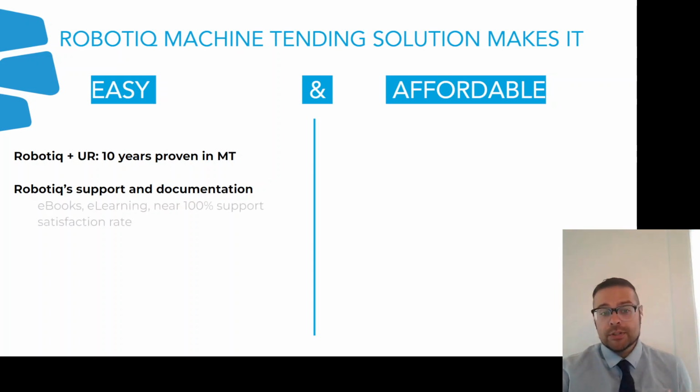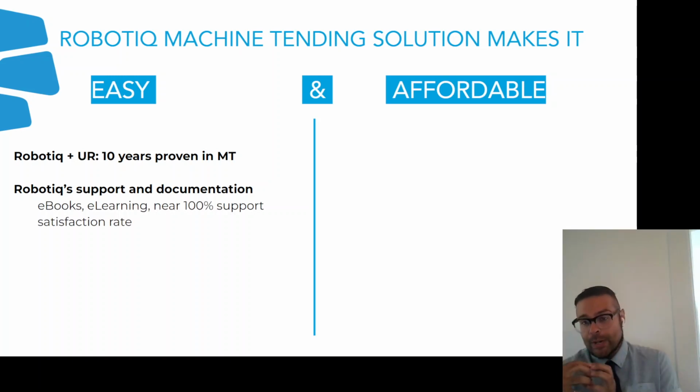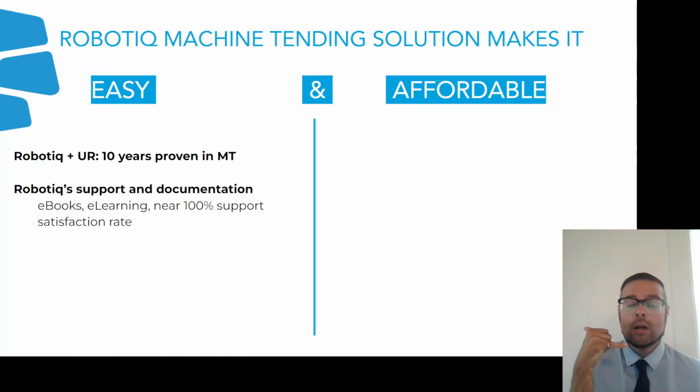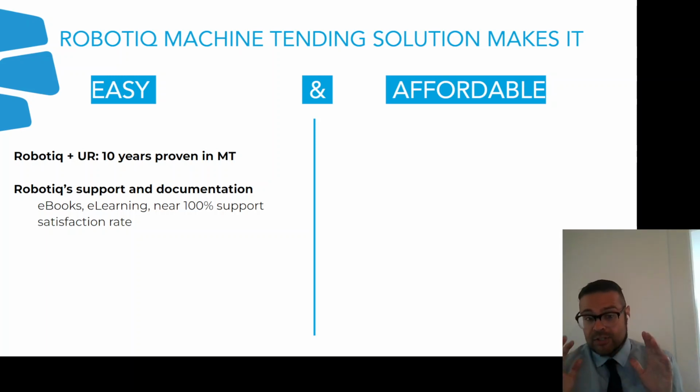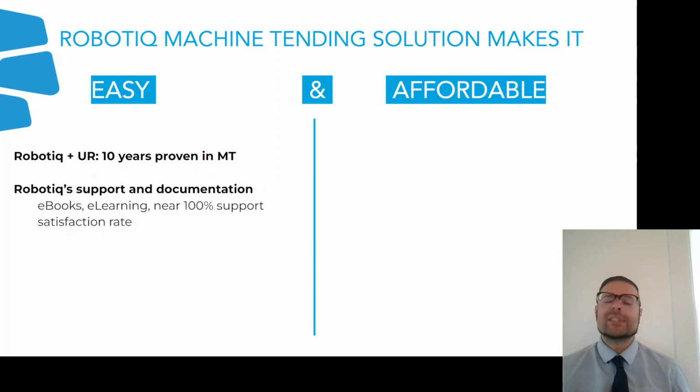So the support rate that we have, when you call because you have a problem with a Robotiq product, or when you write an email to the support team, we have a near 100% support satisfaction rate. This means that we have a very good support team that will help you in the field, you and your customers.